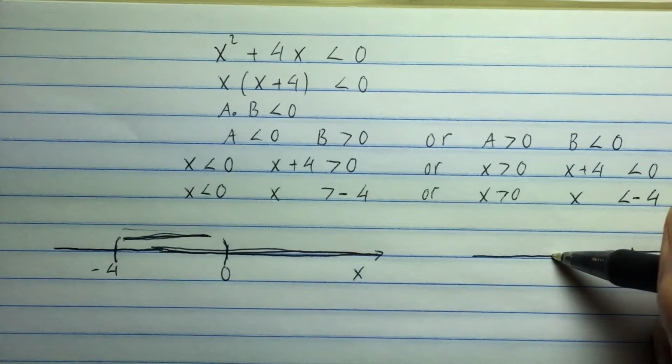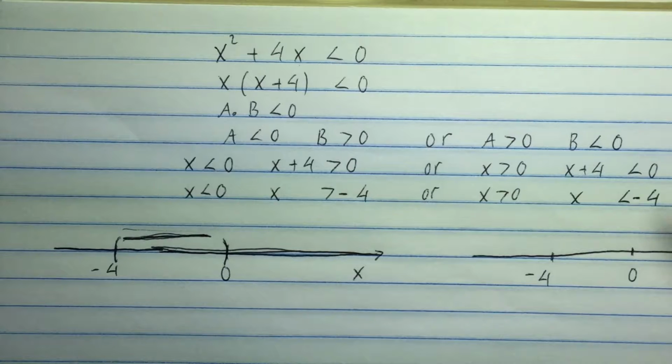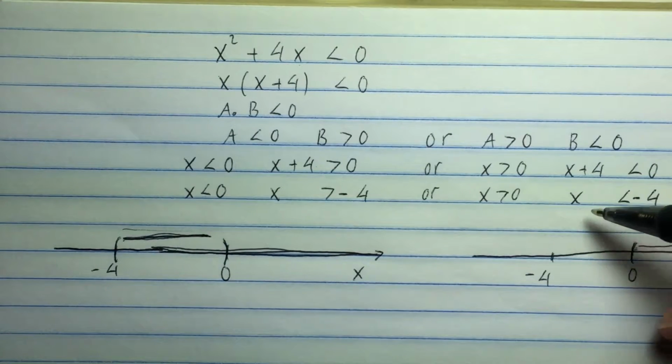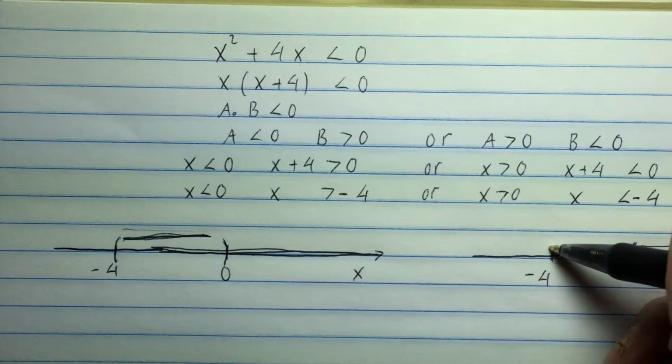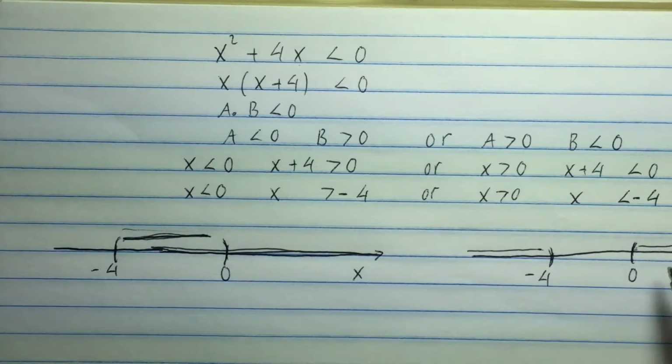Zero and minus 4. So x bigger than 0, so any value of x to plus infinity, and x less than minus 4, I mean any value of x from minus 4 to minus infinity.